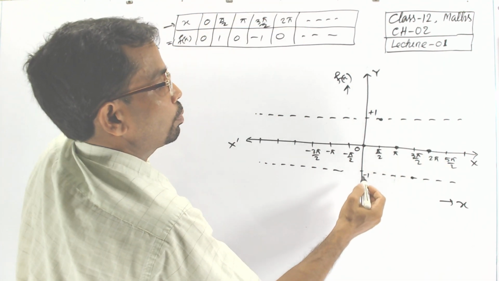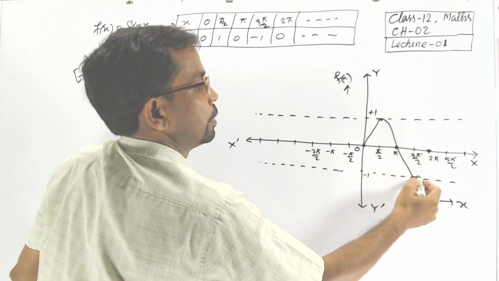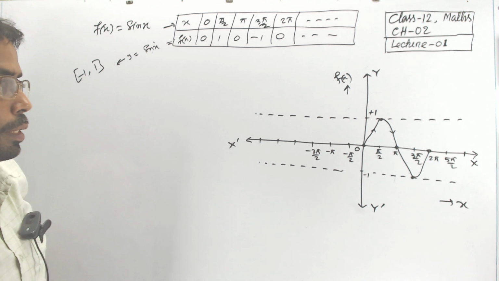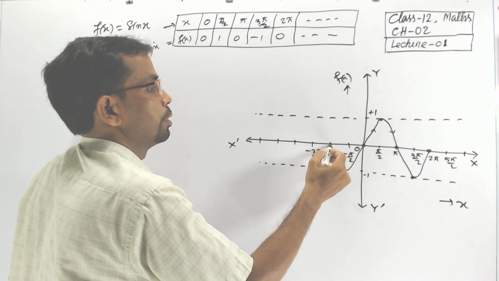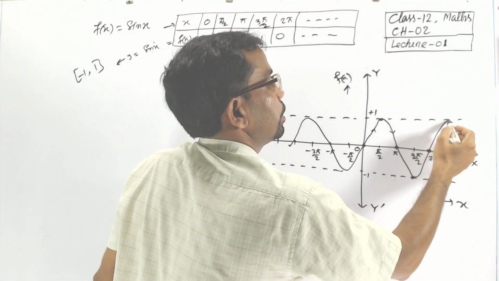Now if we join the points, the curve is like this. This is the curve, and it can be extended in the negative direction and also in the positive direction.